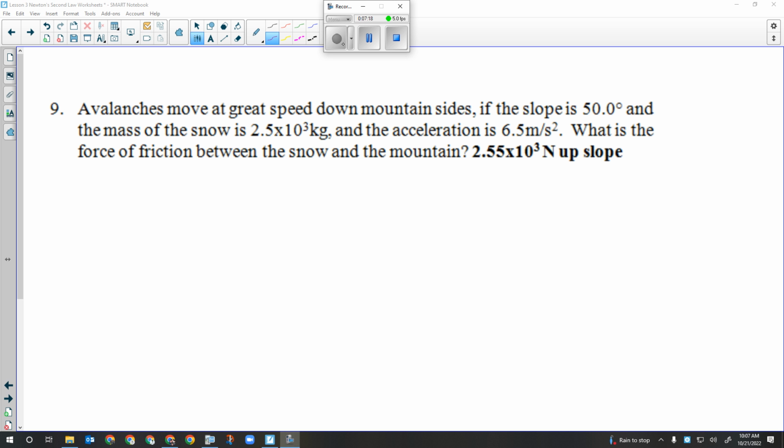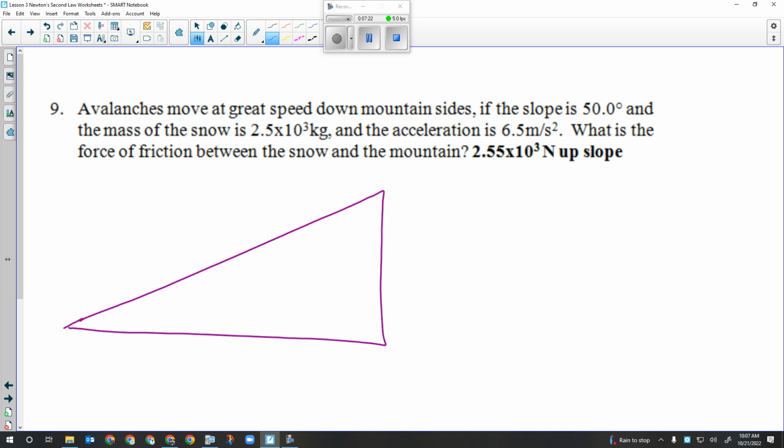So we got our avalanche going down the slope, and the slope is 50 degrees, so way bigger than I drew it. That's the snow, and the snow has a mass of 2,500 kilograms. It's accelerating at 6.5 meters per second squared. What can I calculate right now?